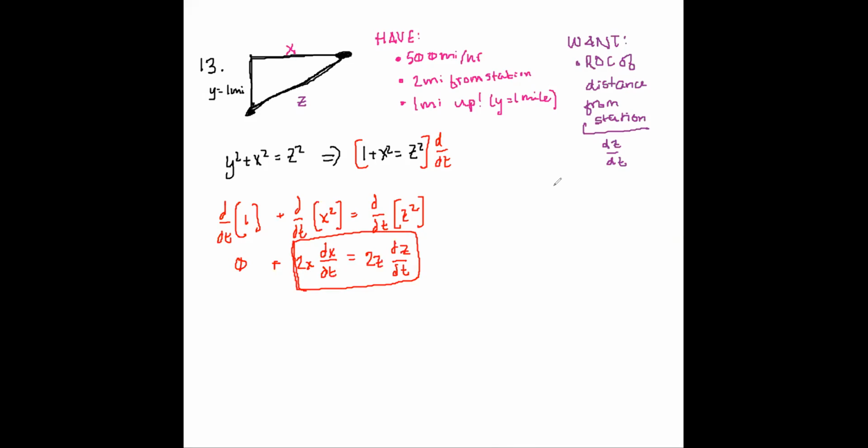I feel like now's the time when we need to decide if we're setting 2 miles as x or z. I feel like it should be x, right?